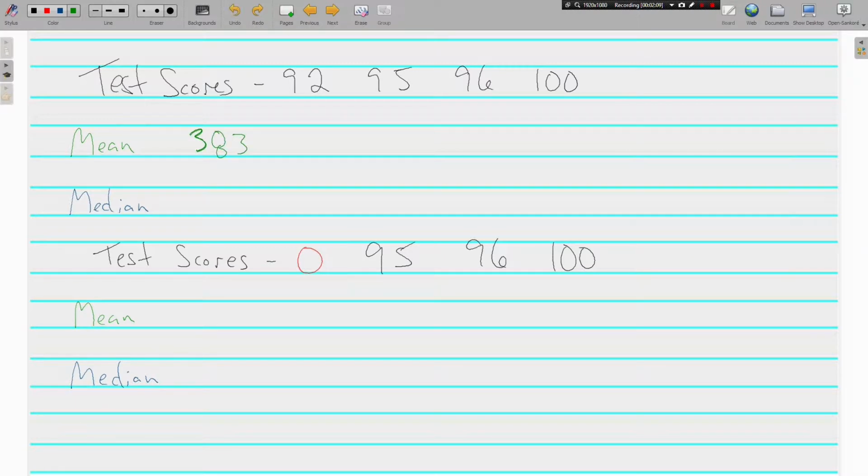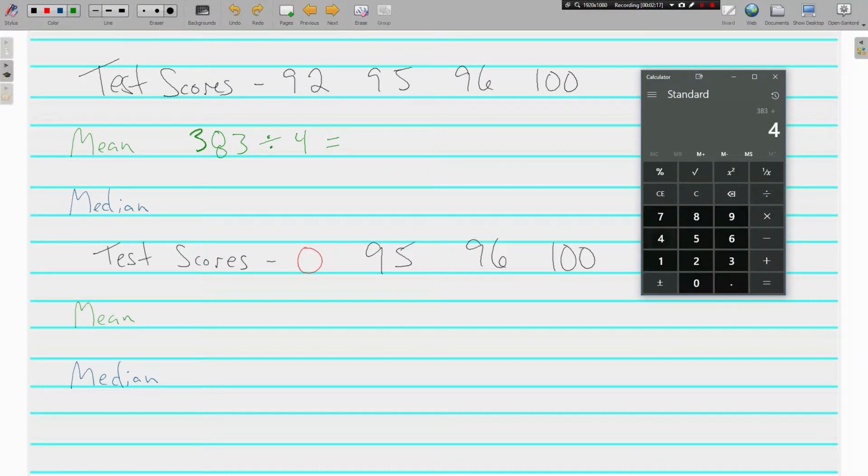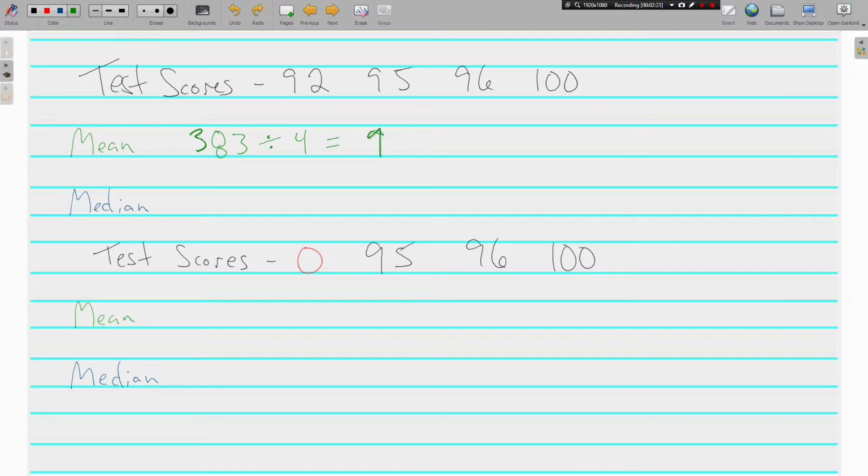Normally I would write it like a fraction, but I'm out of room, so I'm just going to do it this way. 383 divided by 4 gives us a mean of 95.75.